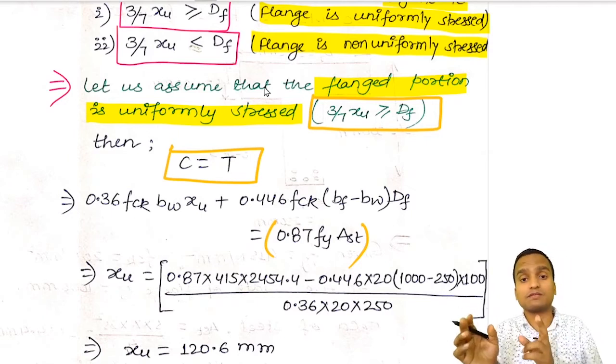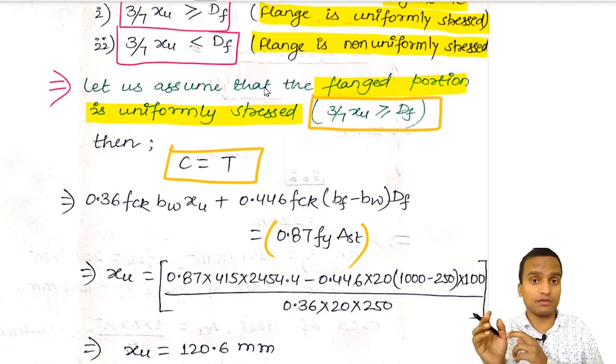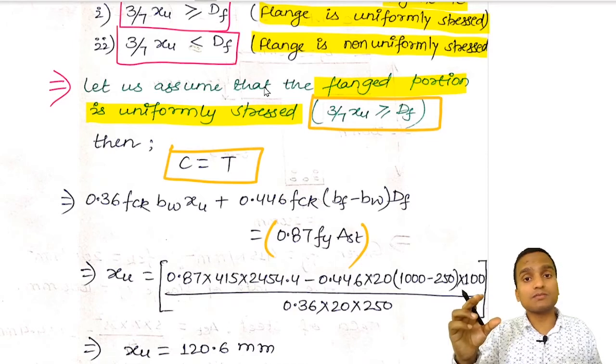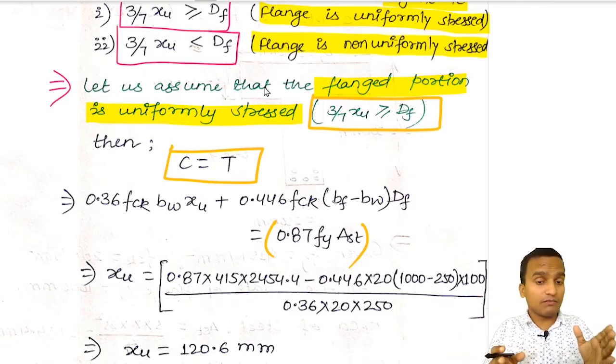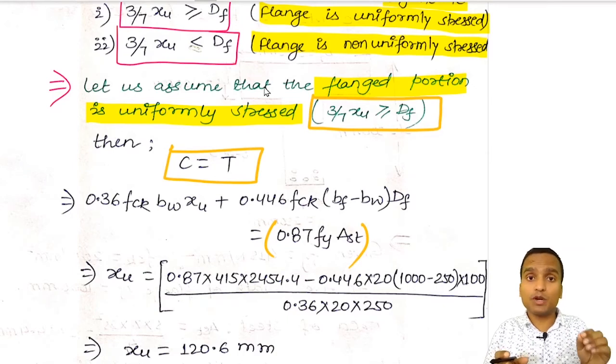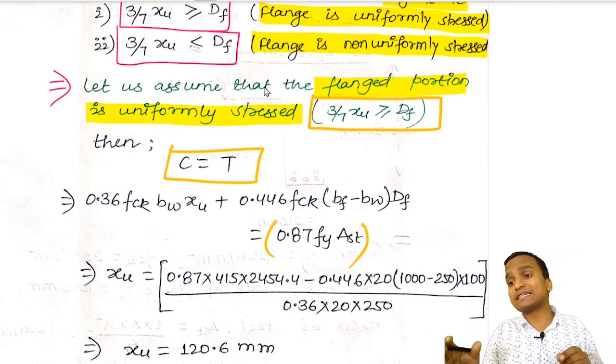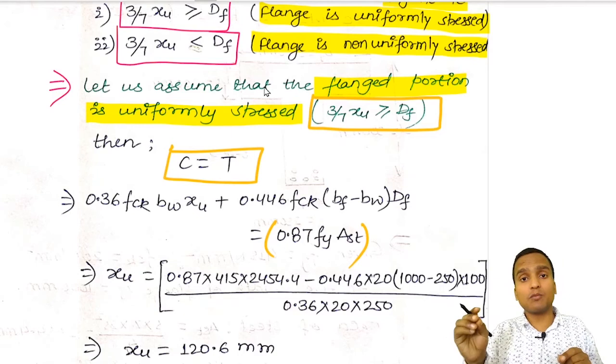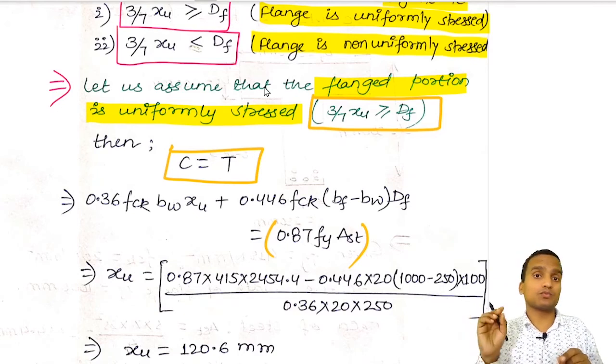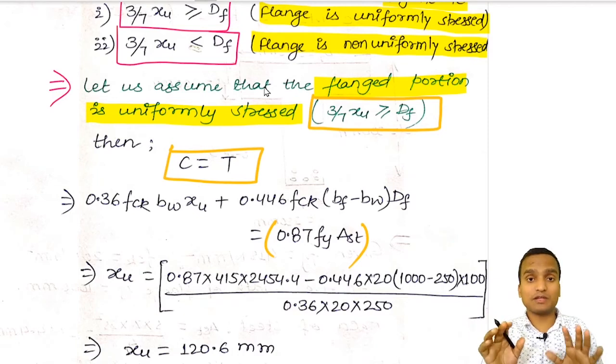So the width of flange will be bf minus bw in figure 2, and depth of flange will be Df, and the value of lever arm in figure 1 will be d minus 0.42 xu, whereas in the other case it will be equal to small d, effective depth, minus Df by 2. Okay, so this was the figure which we have to keep in mind.